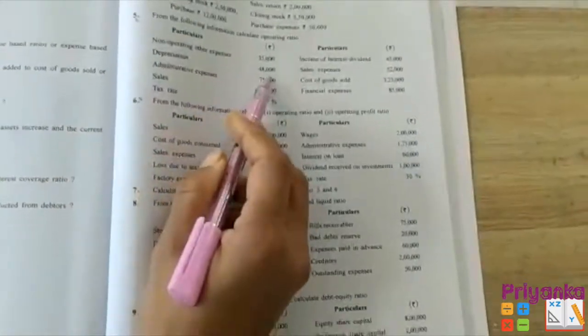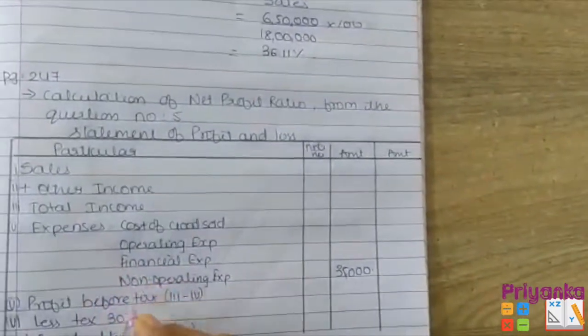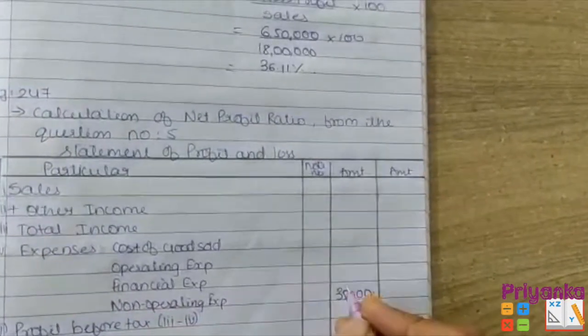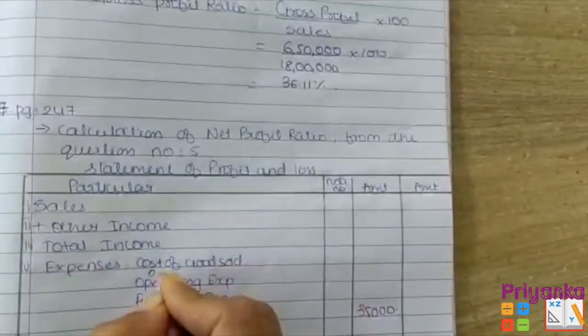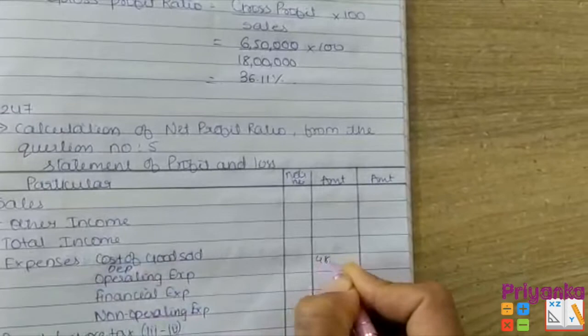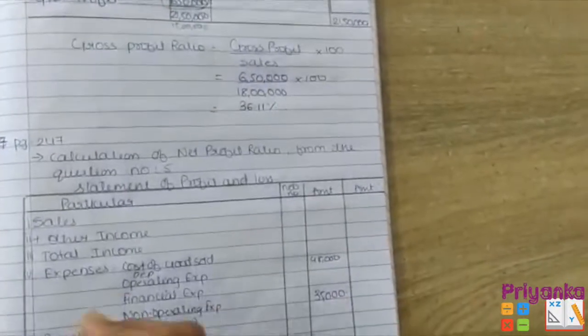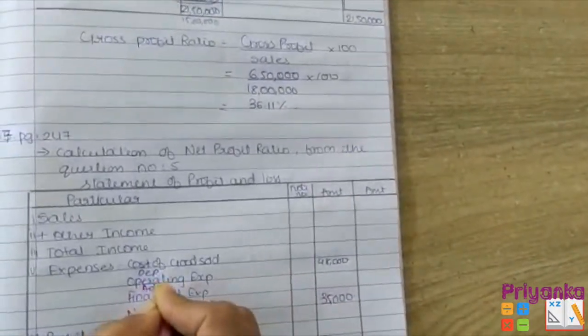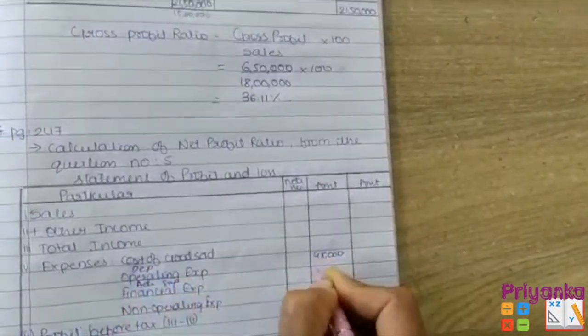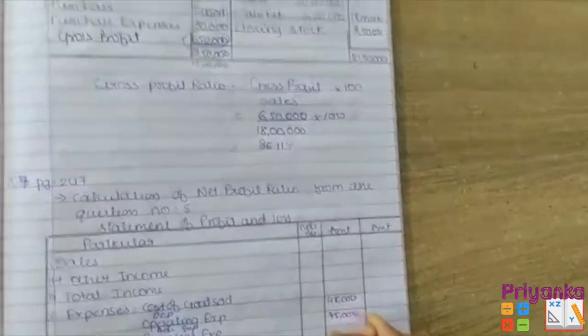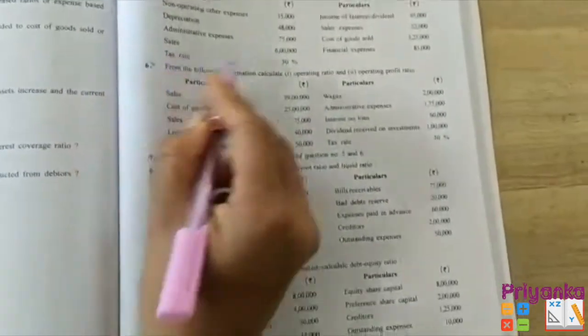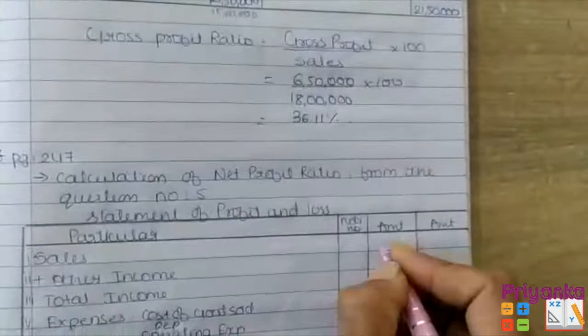Next is depreciation, 48,000. Next, administrative expense, 75,000. Next, sales, 6 lakh.